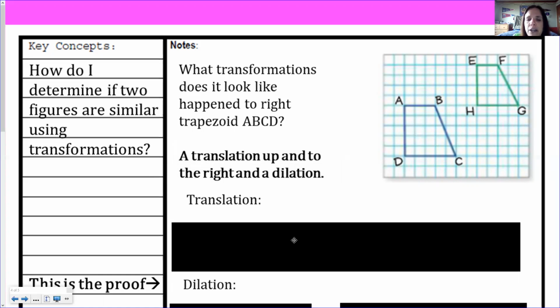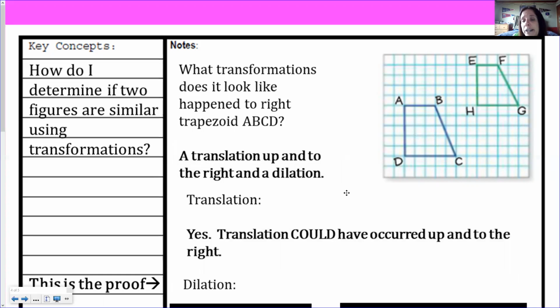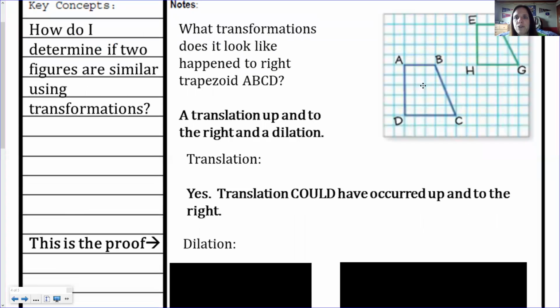Now we need to prove it. The translation, yeah, that could have occurred up and to the right. Okay, we see that that could have happened. What we need to really prove is, did the dilation occur? Was there a decrease in the size? So here's our proof. We're going to again count to get side length.